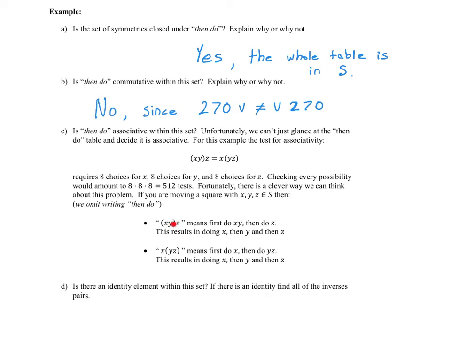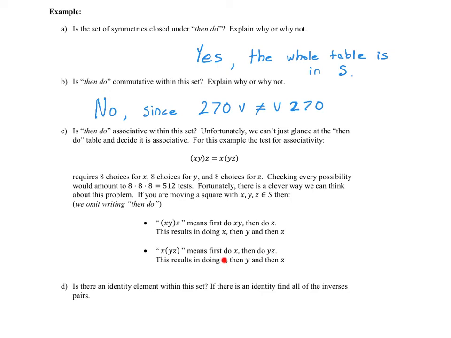If we look at what these two statements actually mean, those expressions, it means first do xy and then do z. That's what we mean by brackets. But it results in doing x, then y, then z, because first doing xy results in doing xy. Now similarly, this next expression means first do x and then do yz.